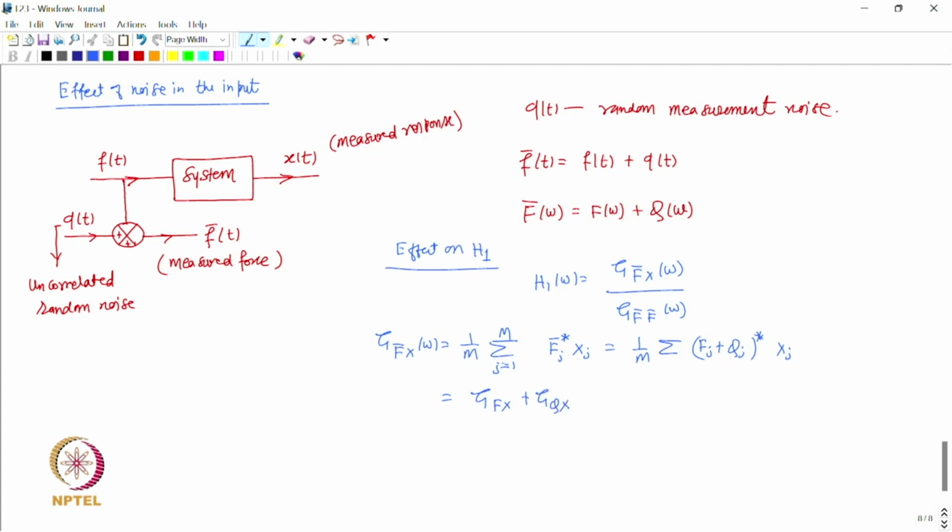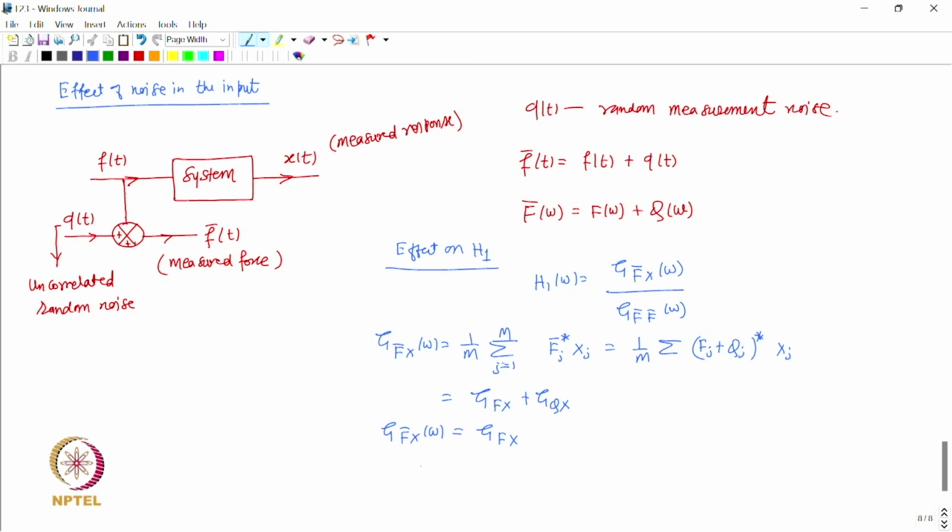And because the noise q of t is uncorrelated with the response x, G q x would tend to 0 for large number of averages m, and therefore G f bar x would be approximately equal to G f x.